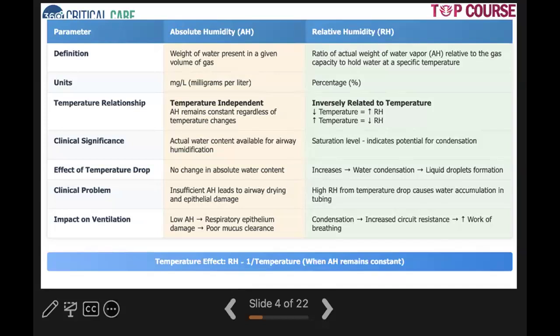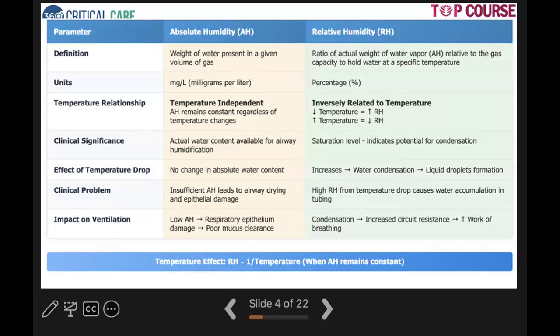It can again cause water condensation because the water vapor gets condensed, unnecessarily forming water in the circuit and worsening the resistance of the patient circuit. So these two values are very important when you are choosing a humidifying device.